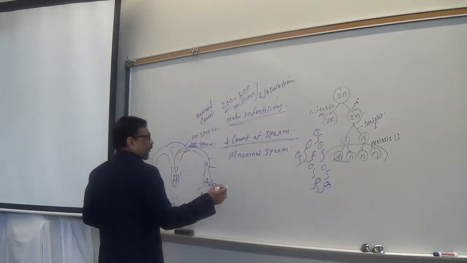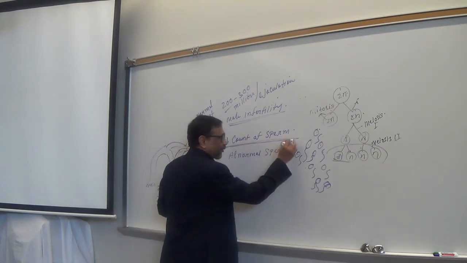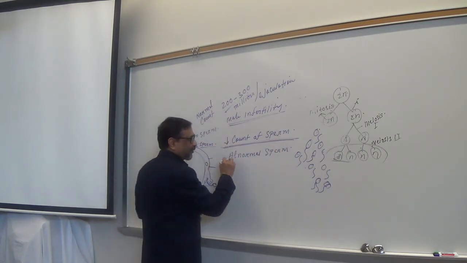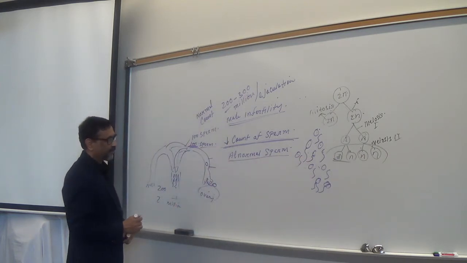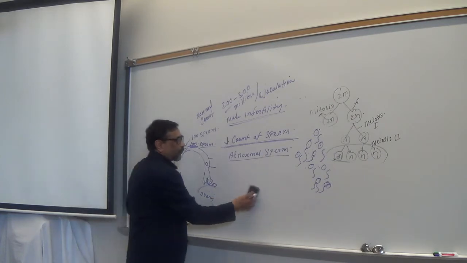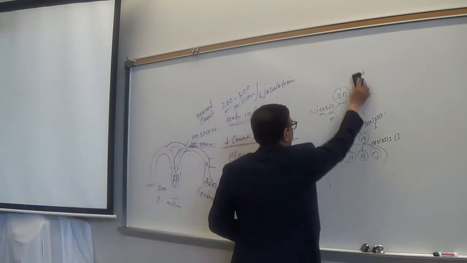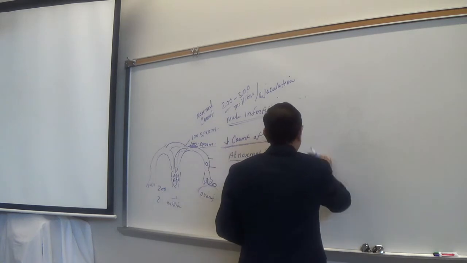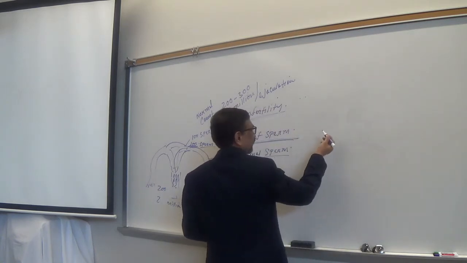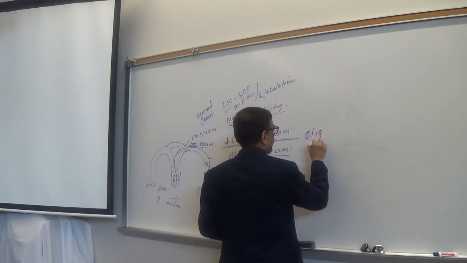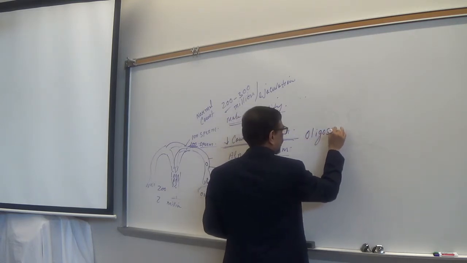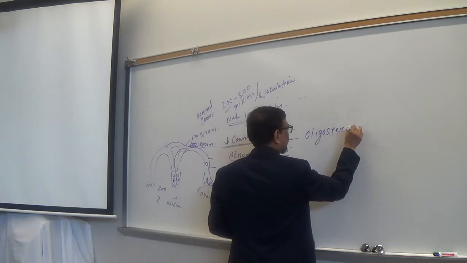So number of sperm is a factor. What kind of sperm, abnormal sperm, can cause infertility? Now, the term oligospermia.